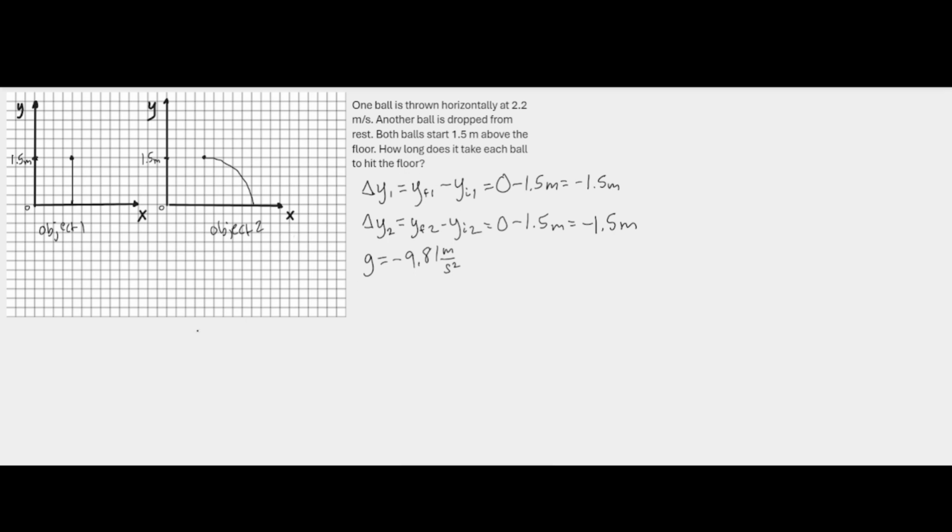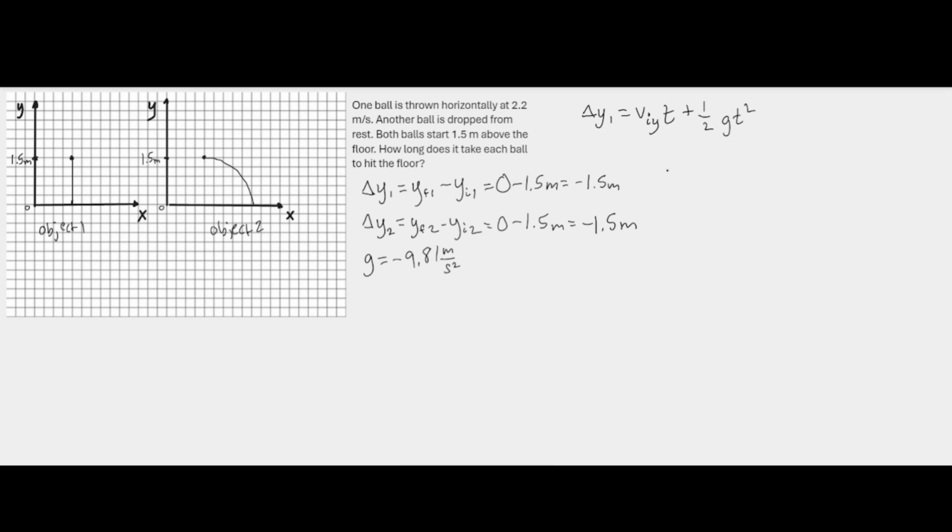I'm going to start with object 1, and see if we have enough information to solve for one unknown.